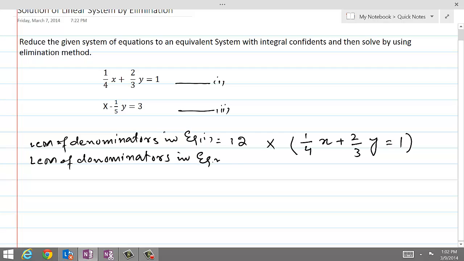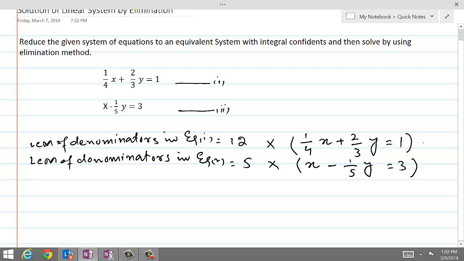So in equation 2, what is the LCM? That is 5, because there is only one denominator, and that's 5. So we will be multiplying by 5 throughout equation 2, which is x minus 1 over 5 y equal to 3.